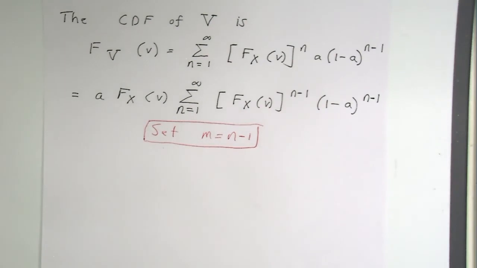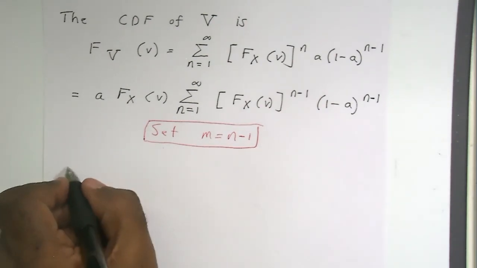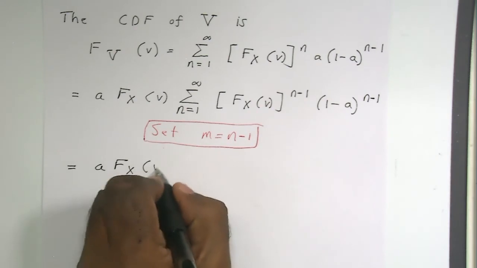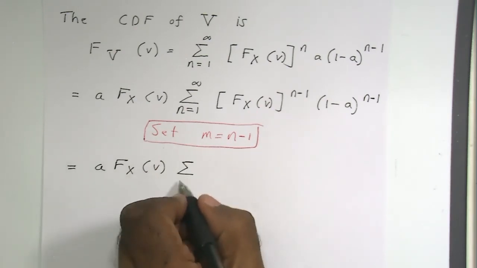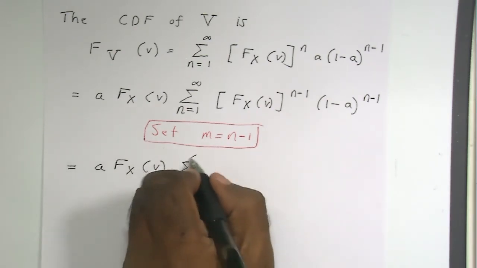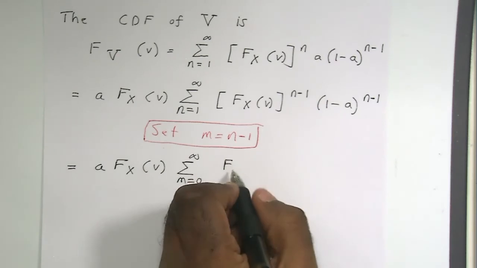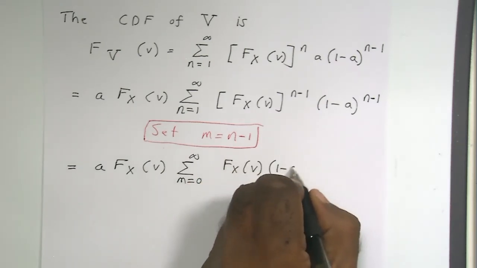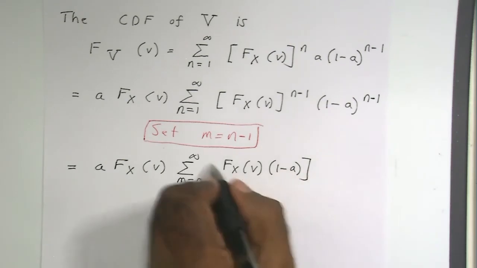If you make this substitution, you will get a times F_X(v) times the sum from m equal 0 to infinity of (F_X(v) times (1 minus a)) to the power m.